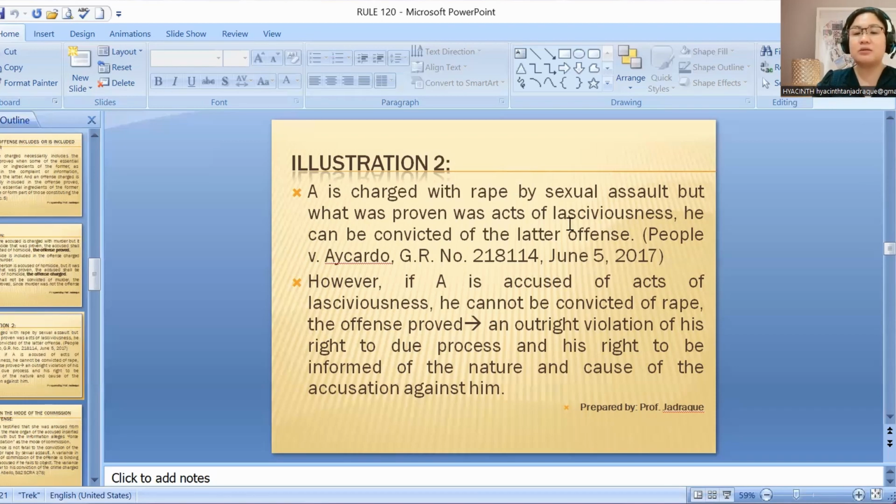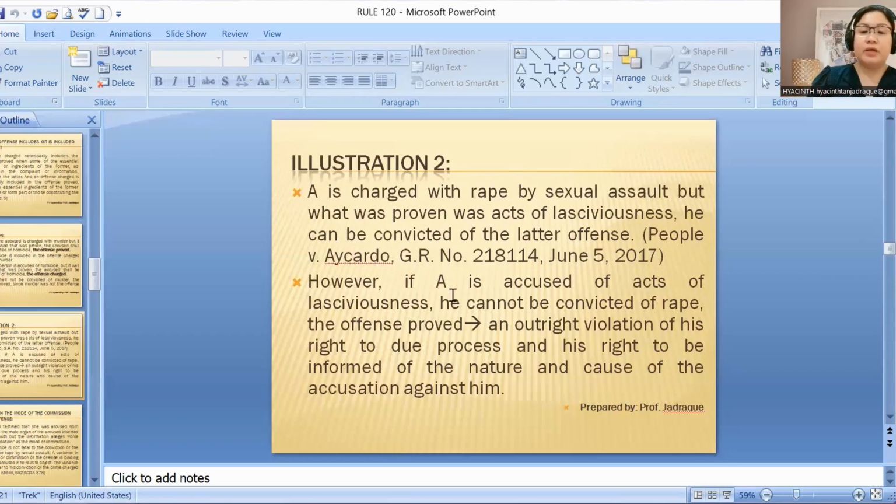Since acts of lasciviousness was the offense proved and its elements are included in the offense charged of rape by sexual assault, he can be made liable only for acts of lasciviousness.